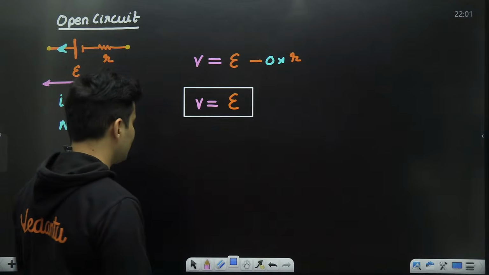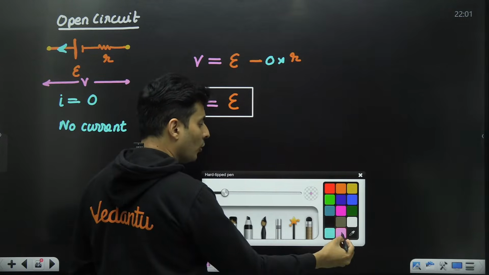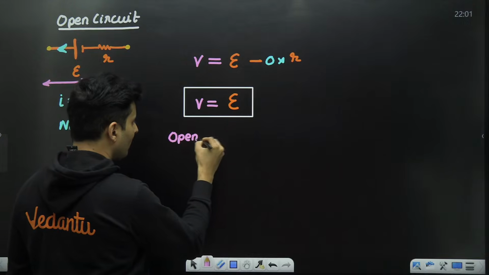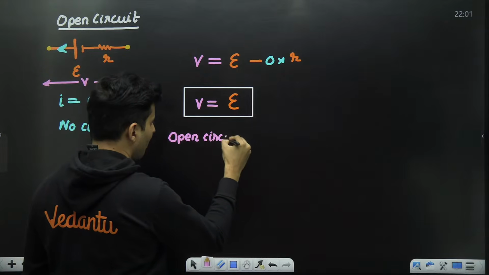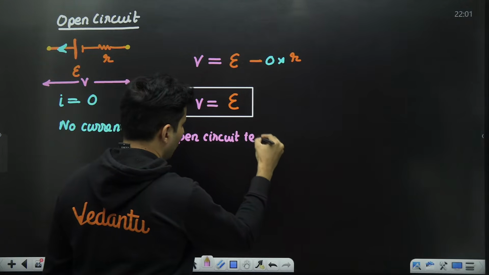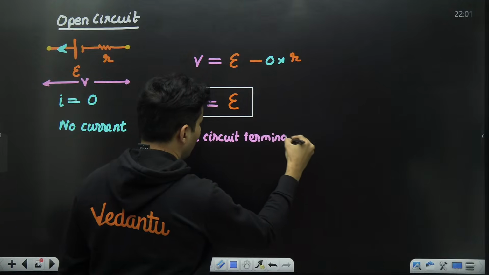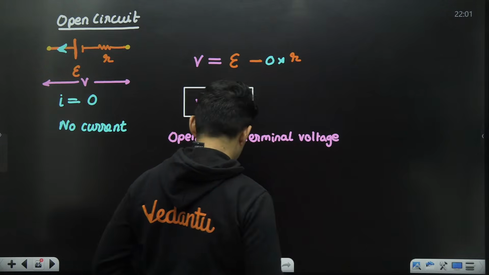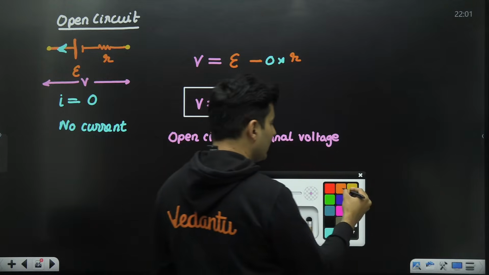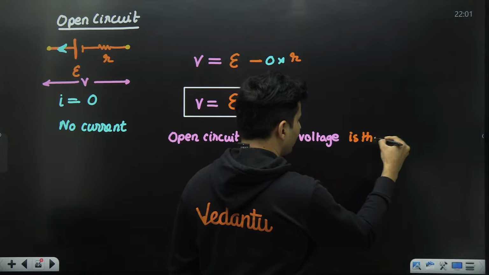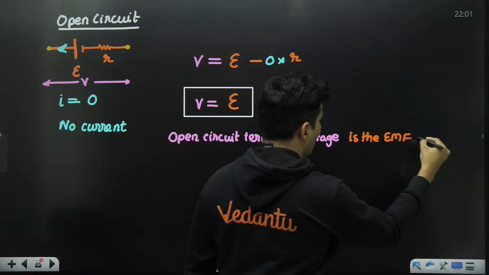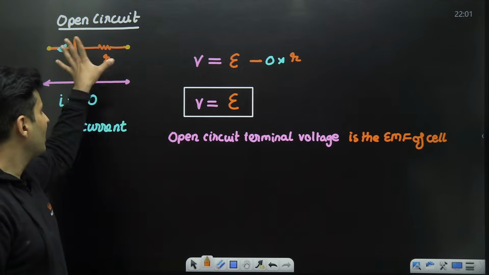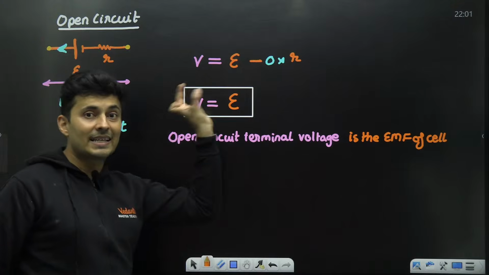So what it means is, when the circuit is open, the open circuit terminal voltage, if there is no current flowing, is the EMF of the cell. Very, very important. If the circuit is open, the voltage you measure is exactly the EMF.